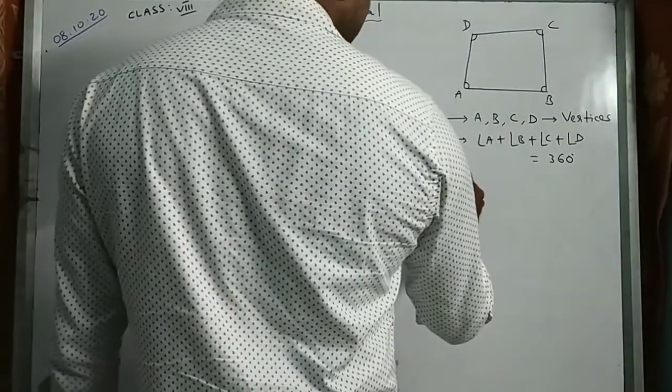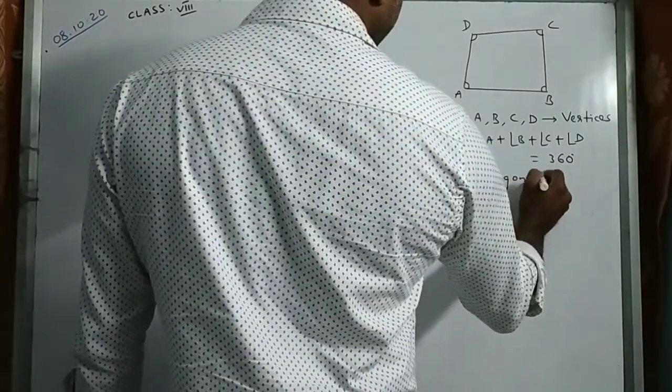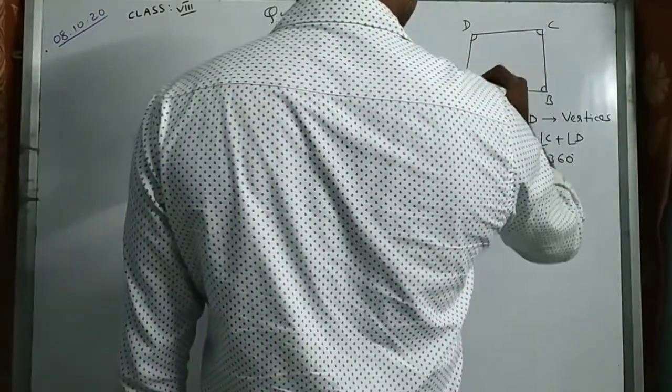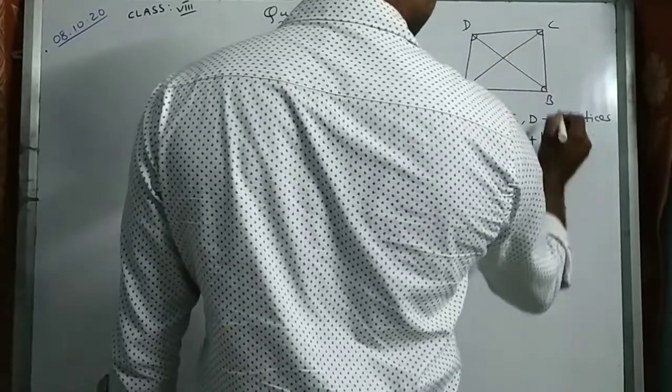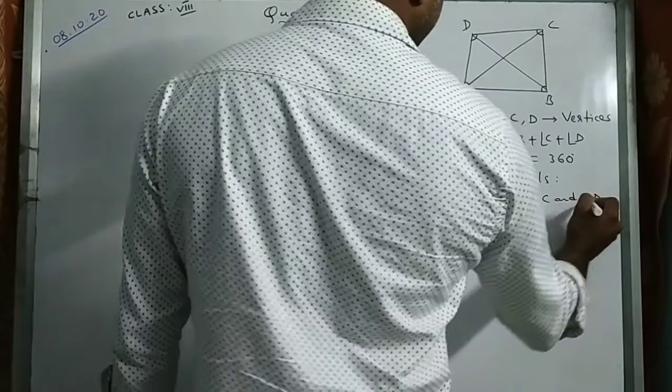And two diagonals are also there here. What are the diagonals? AC and BD are diagonals.